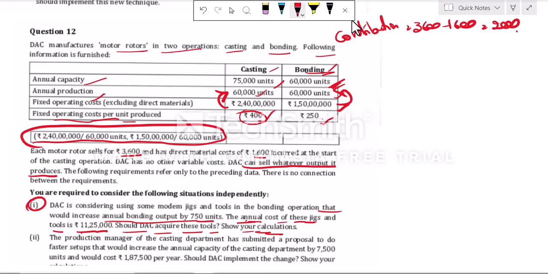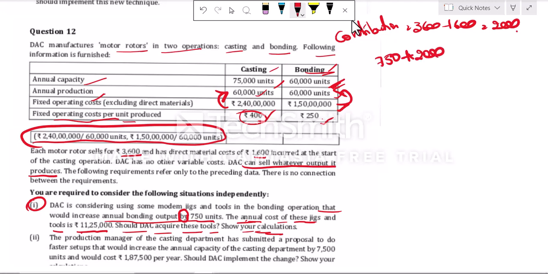So they will increase this by 750 units. Keenly observe here: increase by 750 units means they can produce an extra 750 units. So 750 units into how much contribution from each unit? 2,000.